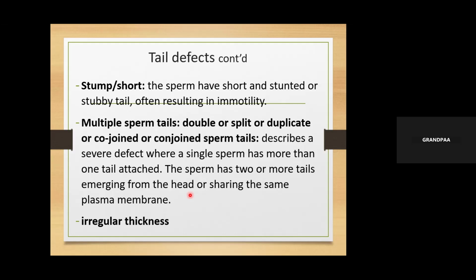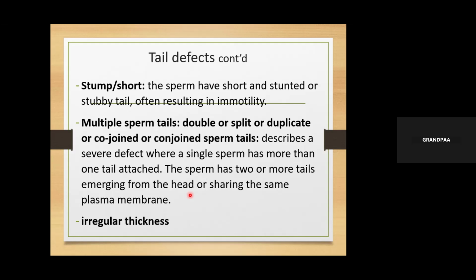And remember, we said that the greatest parameter in assessing sperm quality is its movement. So anything that will hinder movement will reduce the sperm quality. So once you have a stump or short or stubby tail, it is also a challenge.